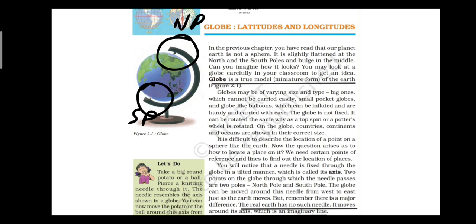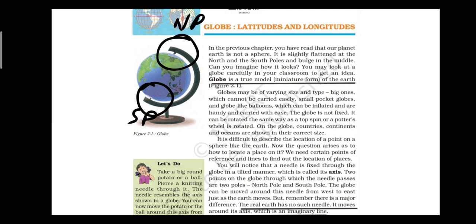Now on the globe, every country, continent and ocean are shown in their correct size. Now you will ask how it can be in the correct size because the globe is very small. So the answer is that only the size of the continent or countries or oceans are small on the globe, but it is shown in its correct shape.